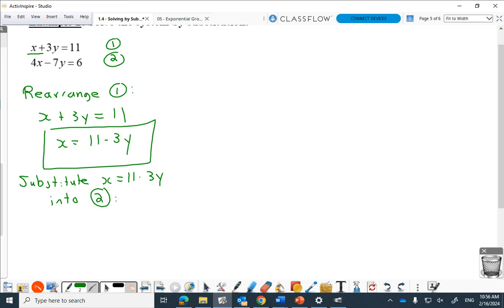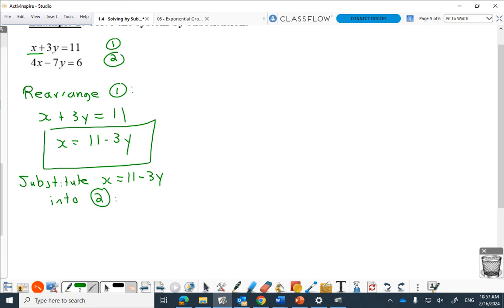Yes, and I'll give you a fancy sentence to say it. Substitute x equals 11 minus 3y into equation 2. So here I go writing equation 2. Do this slowly as you're getting used to it.